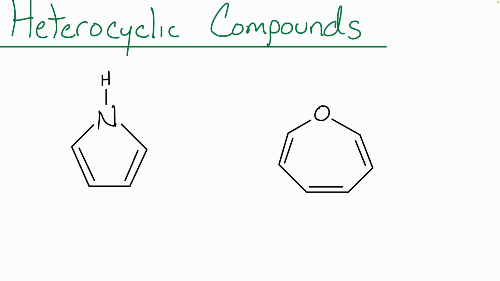One of the keys here is one thing that I'm missing in my structures. We're going to be really good and make sure to put in our lone pairs. Nitrogen with its 3 bonds has 1 lone pair. Oxygen with its 2 bonds has 2 lone pairs. We're going to see these lone pairs are kind of the key to our classification here.